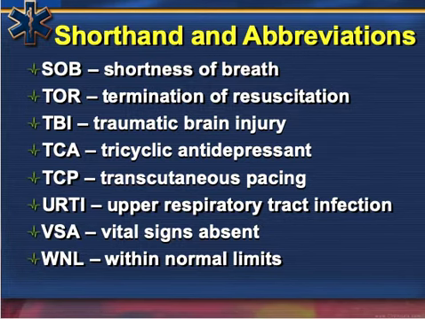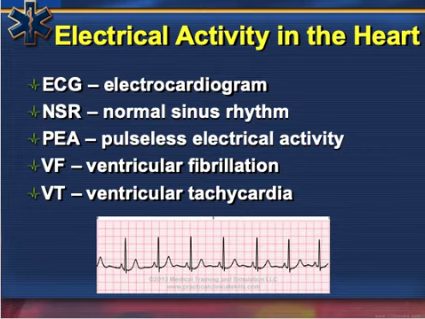WNL, within normal limits. So now we're just going to change tracks a little bit and look at some shortened forms for electrical activity in the heart. So this is not a fully inclusive list, but this will give you an idea of some of the common ones and some of the ones that you'll likely be learning first.